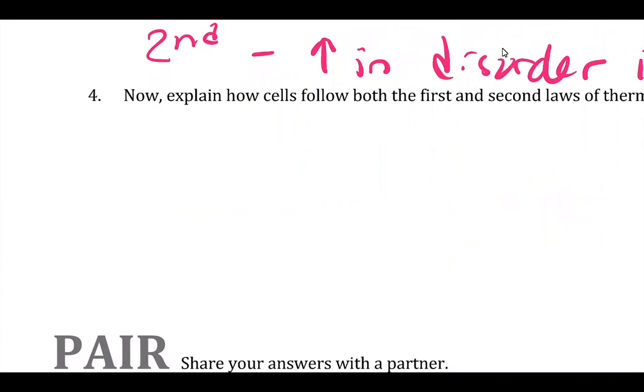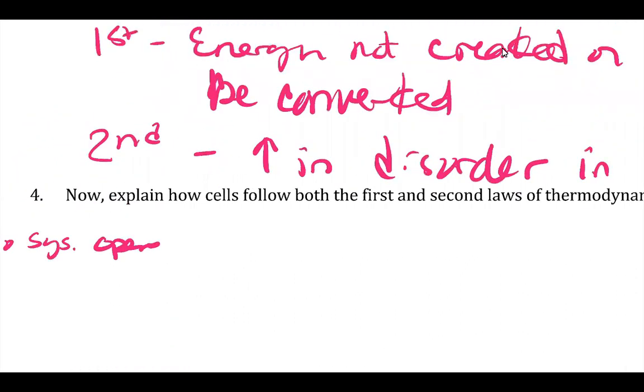So if you think about it, right, in the first law of thermodynamics, our biological systems are open, right? So our biological systems are open because you're obtaining energy from the surroundings, right? You're eating, and you're going to convert that to chemical energy. So they're open.